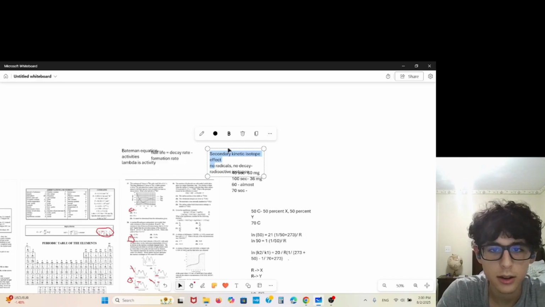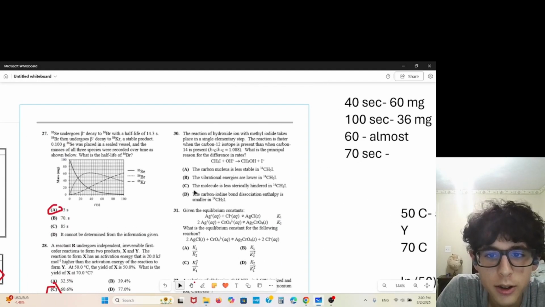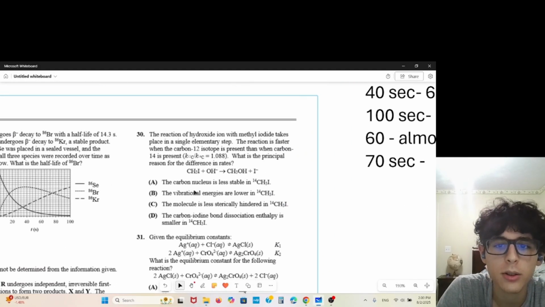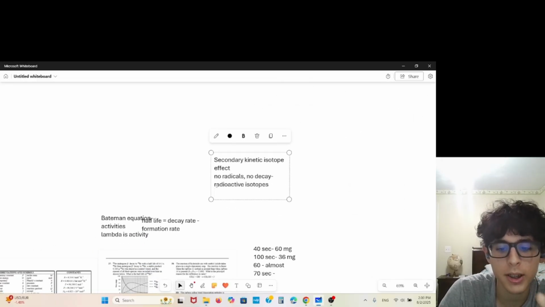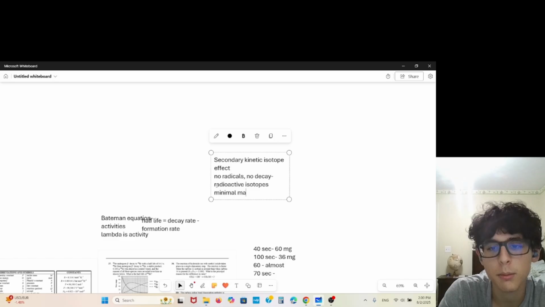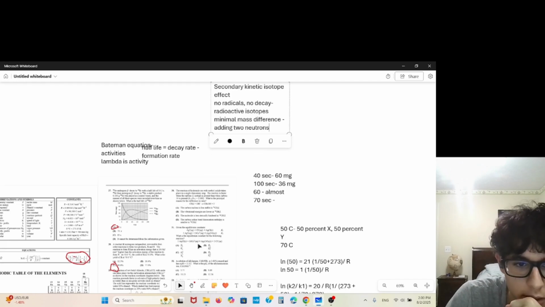Vibrational energies, let's skip that right now. Molecules less sterically hindered? It's such a tiny difference. It's a minimal mass difference. You're adding 2 neutrons. That's not really gonna make a difference.